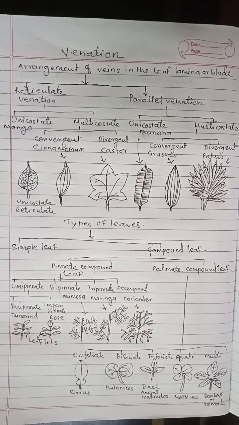Multicostate parallel venation has many midribs arising from the tip of the petiole and proceeding upwards or outwards. There are also two types: convergent multicostate parallel venation and divergent multicostate parallel venation.